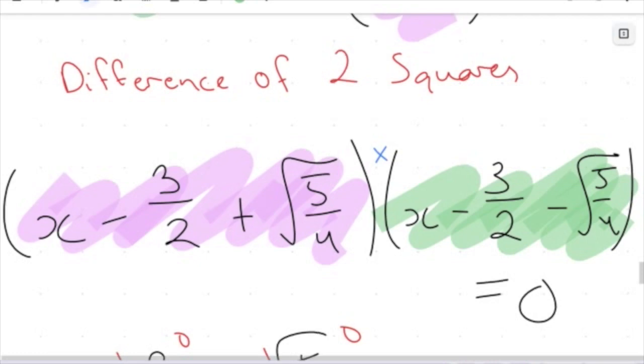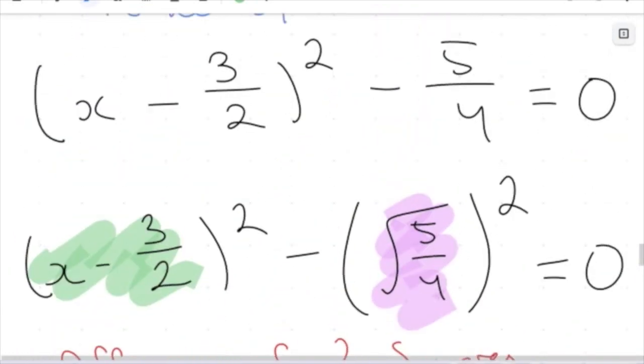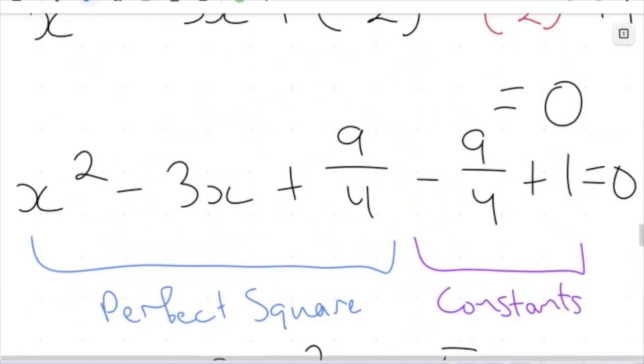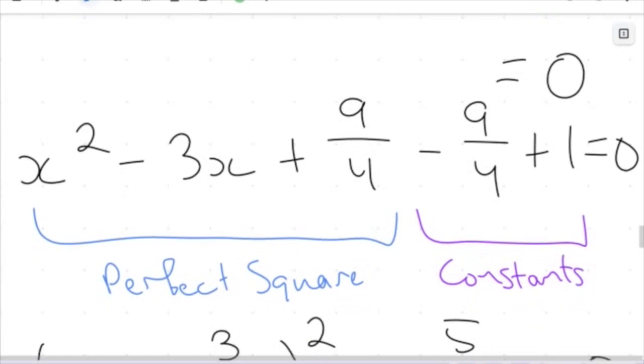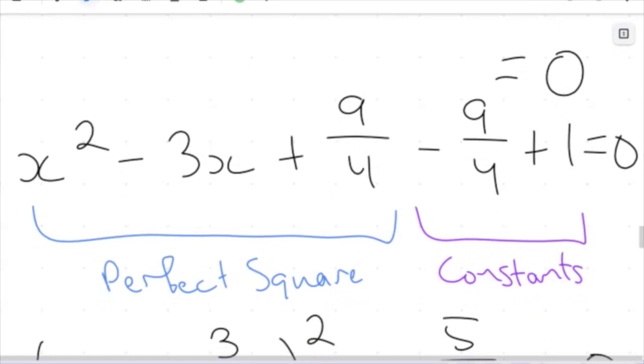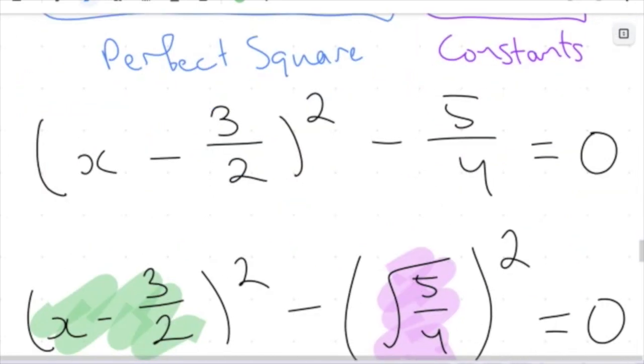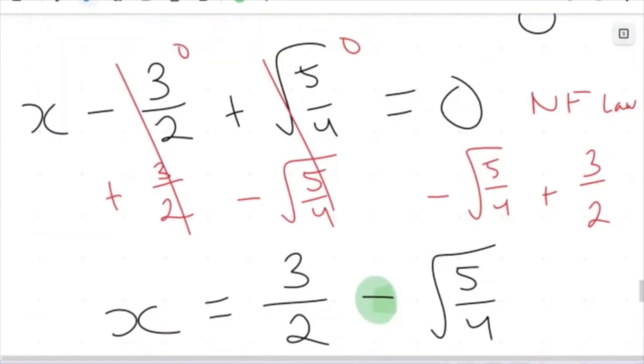The only thing here is where the hardest bit is tidying up our initial quadratic equation by completing the square and giving us this same repeating idea that we looked at in the last video of having a perfect square, part of my left-hand side expression of my equation, and the constants as well. So then we can break these up into two sections and then go about solving using our null factor law once again.